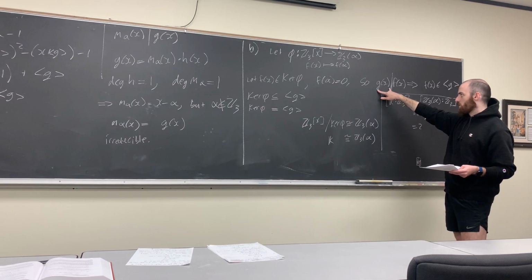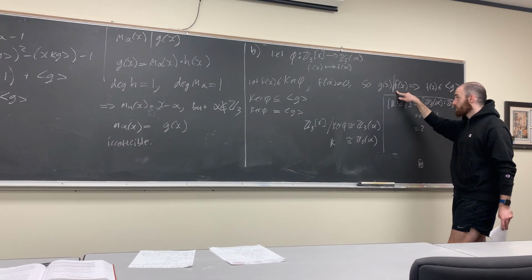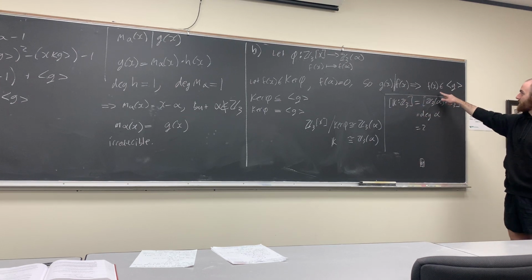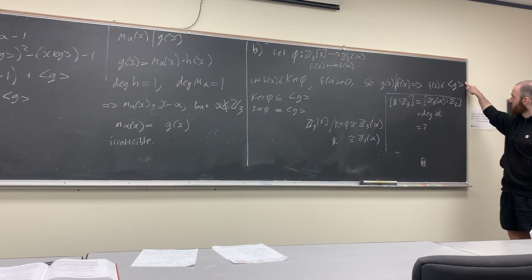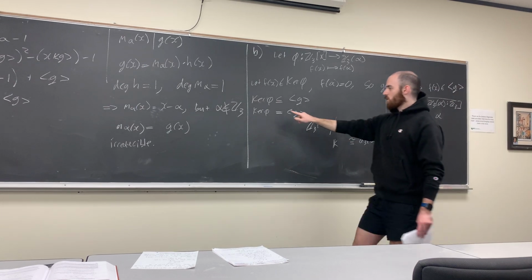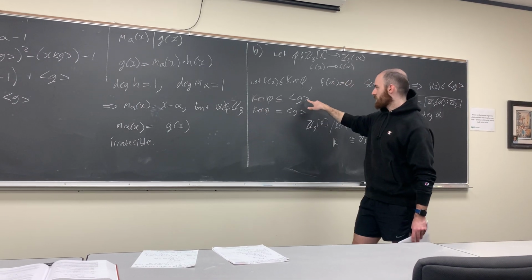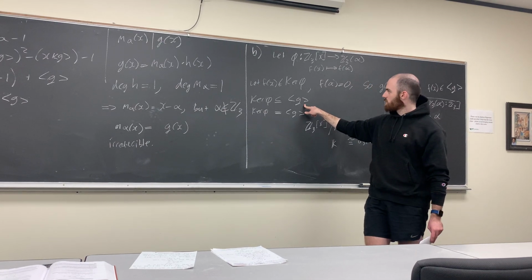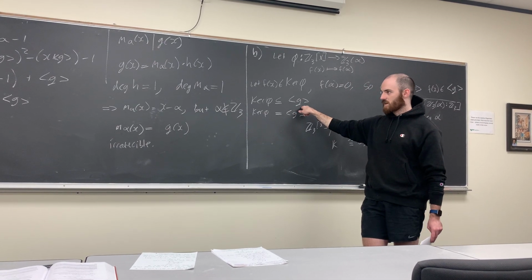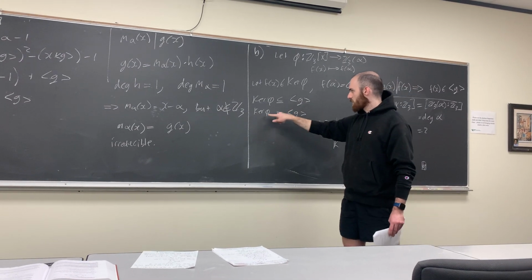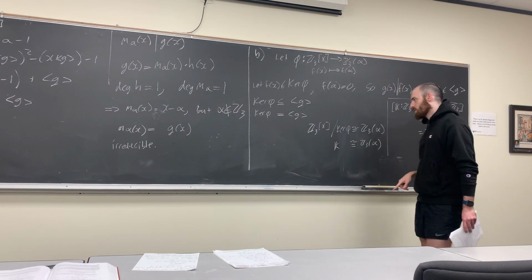So then our minimal polynomial g has to divide f, and if our minimal polynomial g divides f, then that means f is in the ideal generated by g. So then our kernel of phi is a subset of the ideal generated by g, but we already know g is in the kernel because alpha is a root of g. So therefore the kernel is the ideal generated by g.